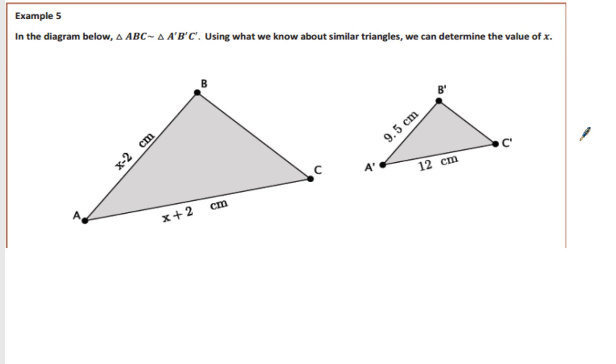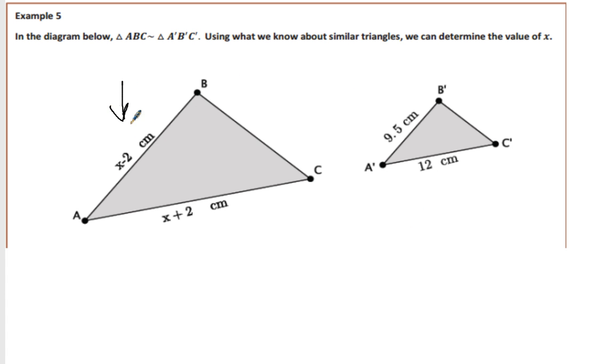All right, this is the last one we have to do. In this diagram, we know triangle ABC, here it is over here, is similar to A prime, B prime, C prime. Using what we know about similar triangles, we can determine the value of x. So as we go to set this up, remember, we start with 1.